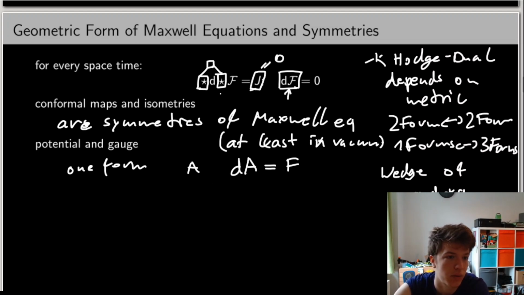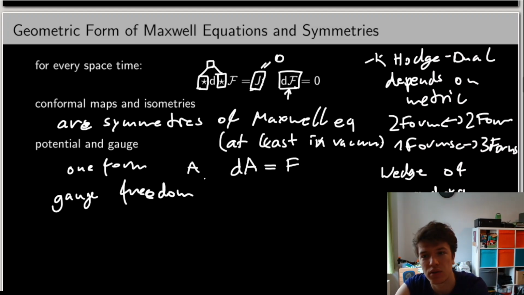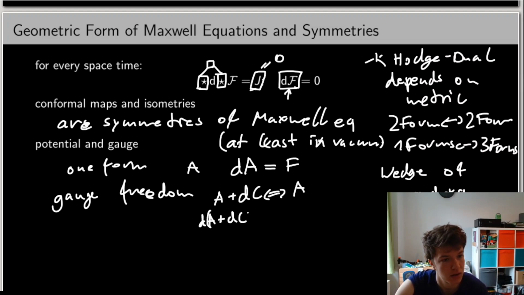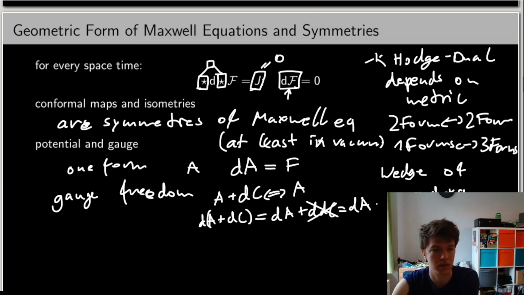And we can then therefore formulate the Maxwell equations with A, and there's also a gauge freedom, which is not usually called symmetry because it's just a redundancy in the description when using the potential, and it just boils down to that A plus the exterior derivative of some function is also sort of equivalent to using A, because when taking the exterior derivative of that, then the second exterior derivative is always equal to 0.